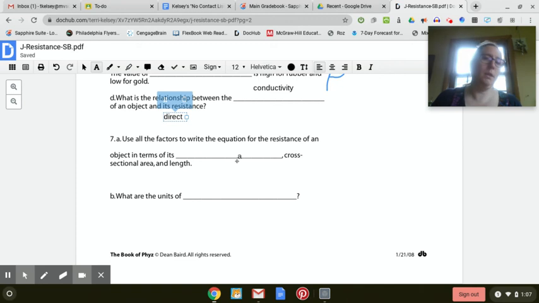So use all of the factors in terms of its resistance. Activity would be the noun, okay?